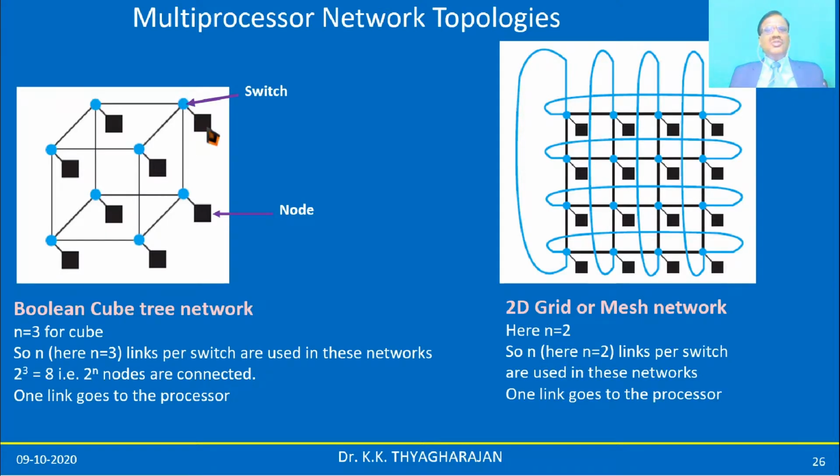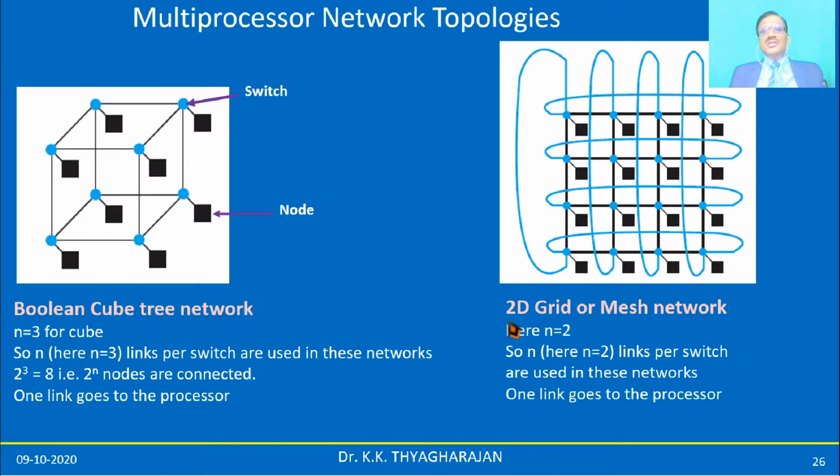In addition to that, you will have one link to connect the processor to the switch. So you will be using 4 links. Since n is equal to 3, in this network, you can have 2 power 3 nodes. That is 1, 2, 3, 4, 5, 6, 7, 8. 2 power 3 is 8. So 8 nodes are in this network.